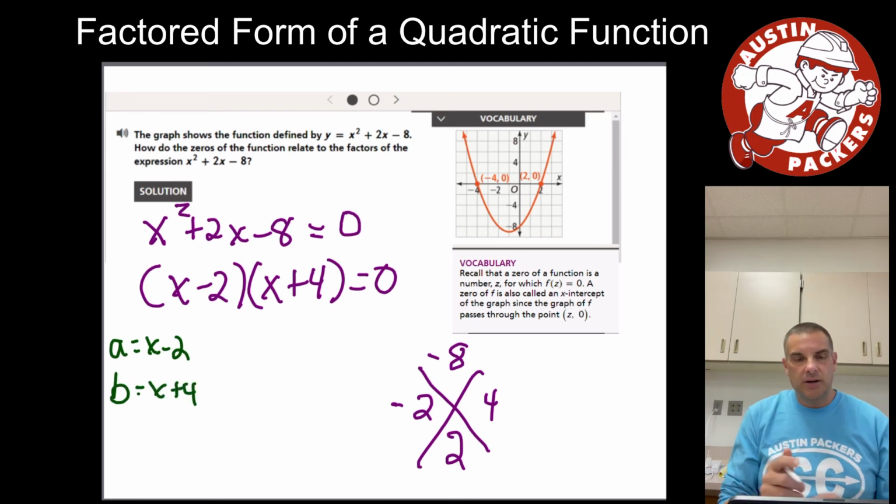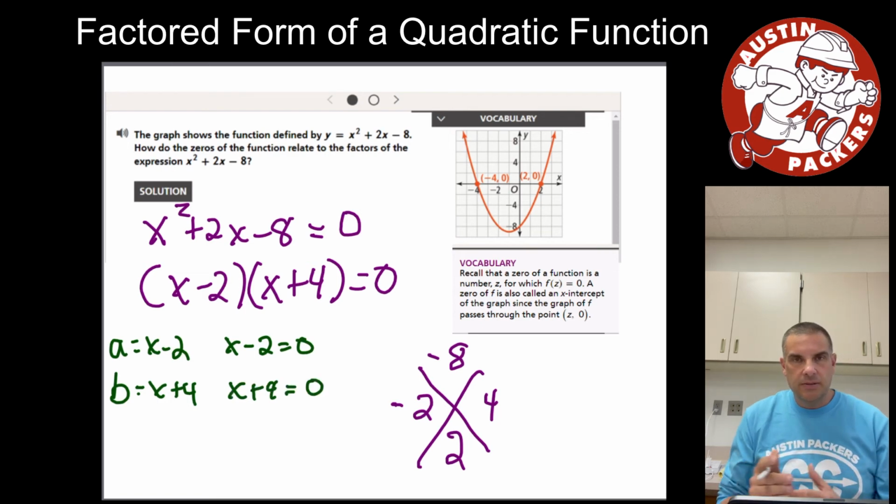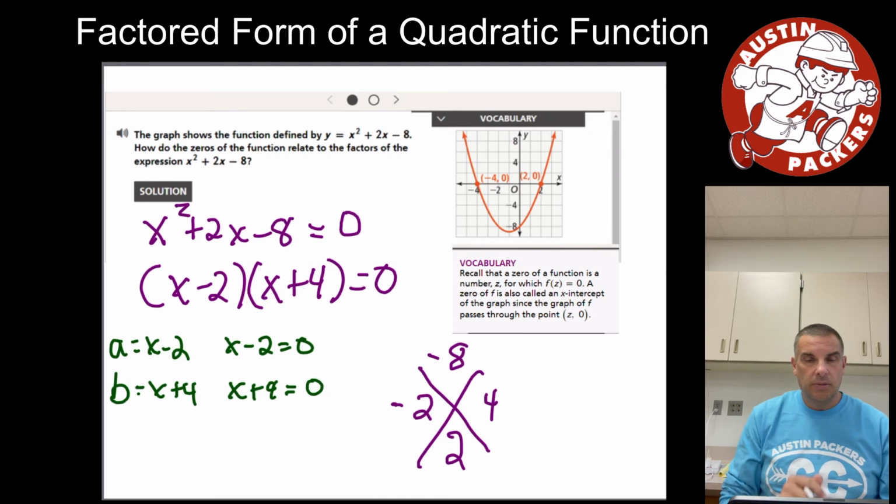So the zero product property says that if I can make a equal 0, that could be one of my solutions. Or if I can make b equal 0, that's going to be my other solution, or both. As long as I can make one of them 0, I've got a solution. So if I solve this, I get x is equal to 2.